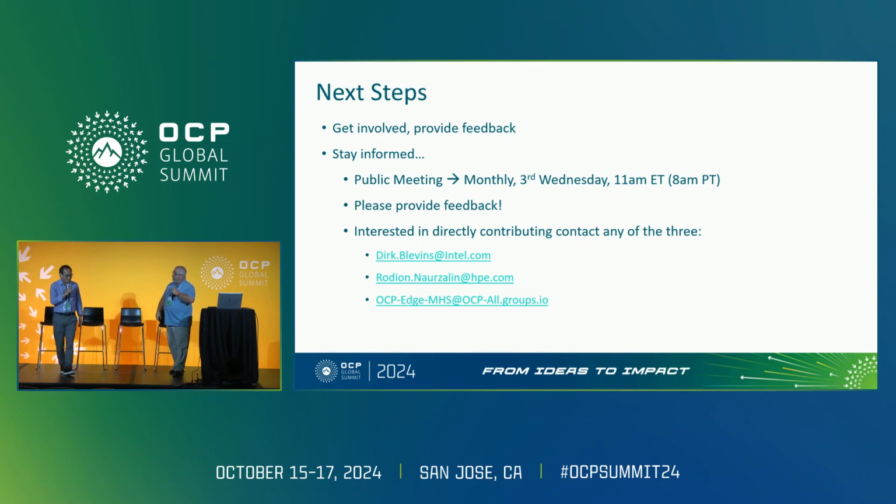So what are the next steps? As we start to look at these solutions, most importantly, we need your feedback. We need your responses. We need to hear what you believe the needs are. We've told you where our focus is. If you have a desire or need for this type of solution, please reach out to us.